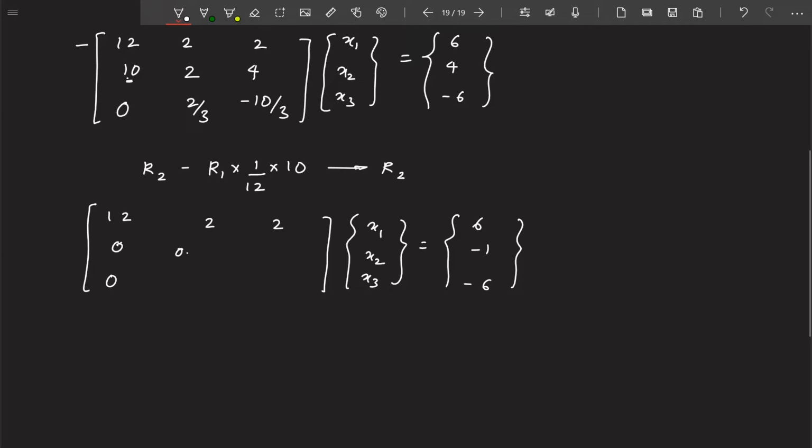So this becomes 0.66667. Okay, so we are taking 6 significant digits: 1, 2, 3, 4, 5, 6. 6 significant digits.